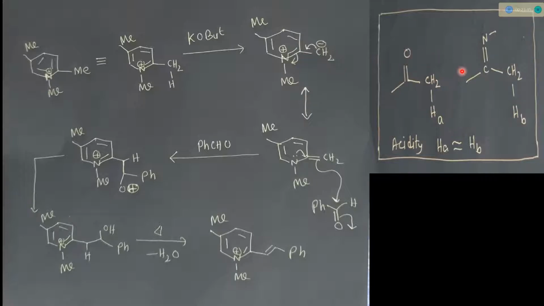Since oxygen and nitrogen are placed close to each other in the periodic table, C double bond O and C double bond N behave close to the same, not 100%.